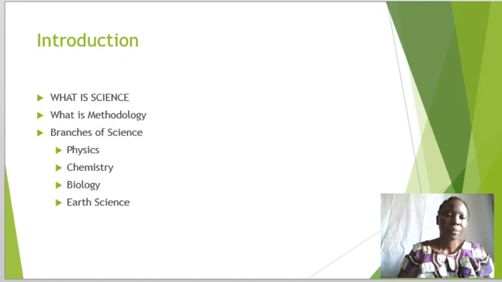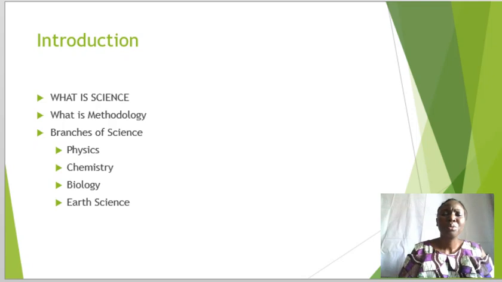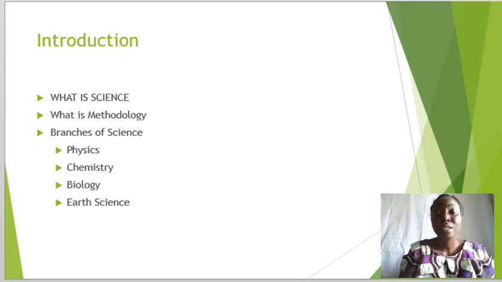What is science? The best way to really explain what science is, is to know what is not science. Science is not explanative, doesn't give itself to unnecessary discussion. Rather, it comprises of experimentation, observation.